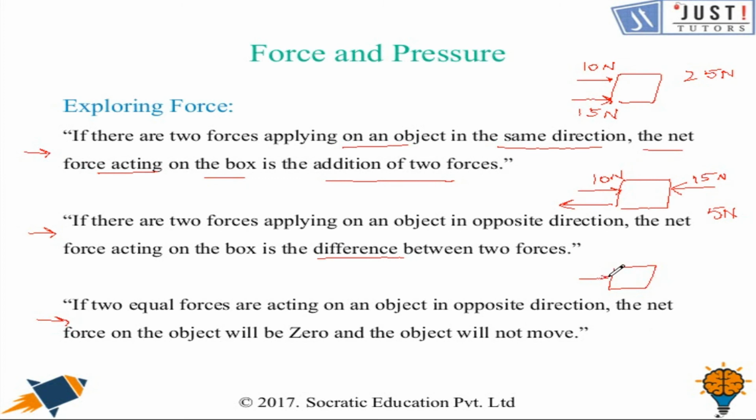One man is applying a force of 10 newtons from this side and the other is applying the same force, 10 newtons, from the opposite side. As we have discussed, the net force will be the difference between both the forces. So the difference between both the forces will be 0. So the net applicable force is 0 newton. This means the object will not move.